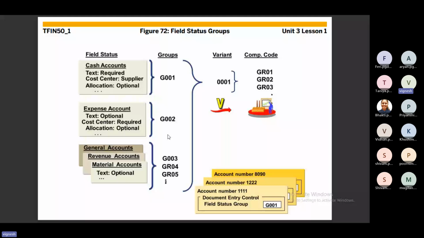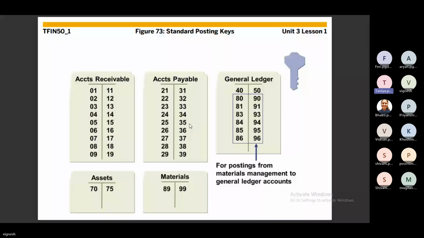The standard posting keys for account receivable, for example for a customer account, are 01, 02, 03, 04, 05, 06, 07, 08 and 09. If it is a credit, then it will be 11, 12, 13, 14, 15, 16, 17, 18 and 19.